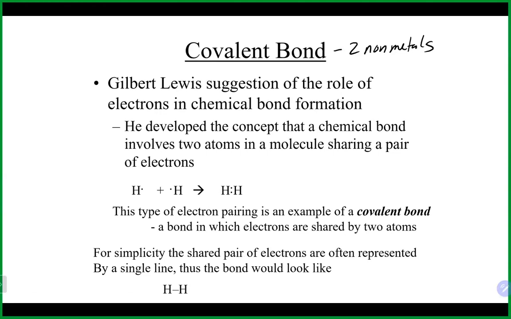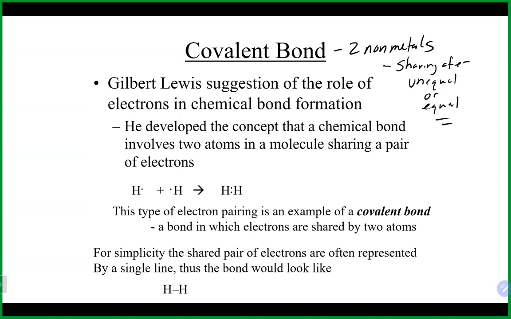So the best we're going to do is sharing of electrons when we have 2 nonmetals together. And again, as we'll talk about a little bit later, it could be unequal or equal sharing of electrons. But the important part is there's some aspect of sharing that's happening.